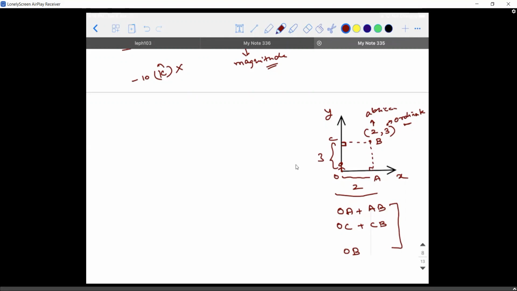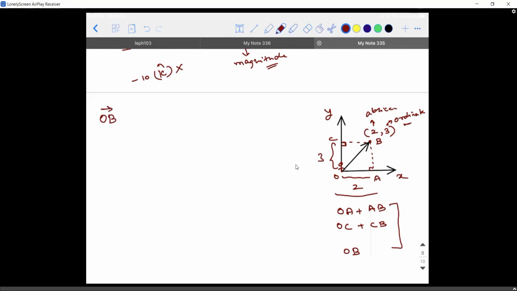OB, right? Look at the way I'm connecting the dots. Listen to this very carefully. I took the example of your coordinate geometry into which I'm going to introduce the concept of vectors that you have learned. So if I treat this OB as a vector, can I write it like this, guys? O is the starting point, B is the ending point. I put an arrow mark on the top.